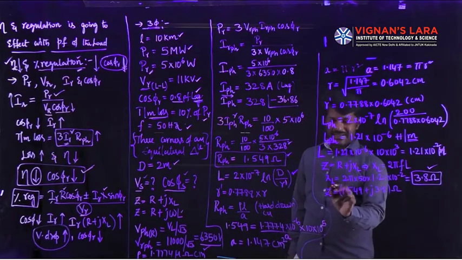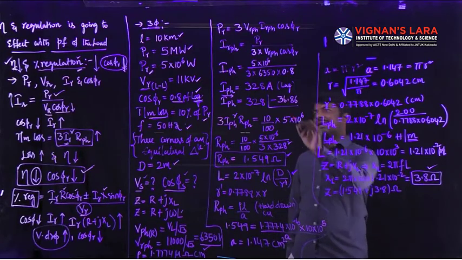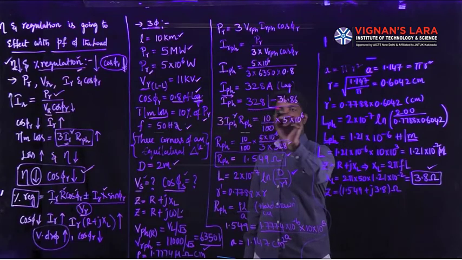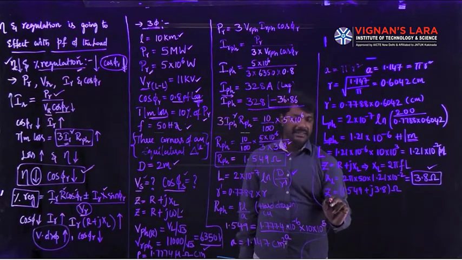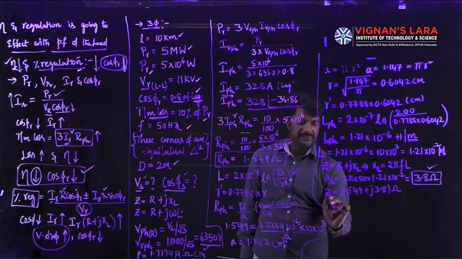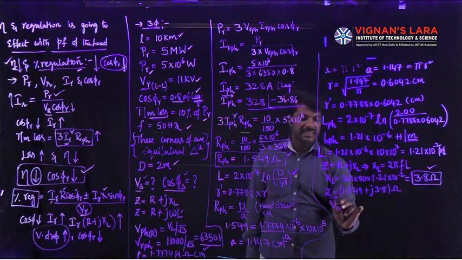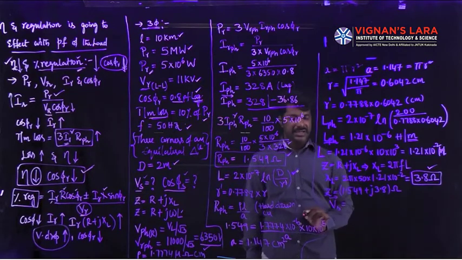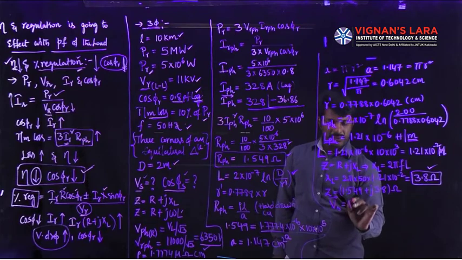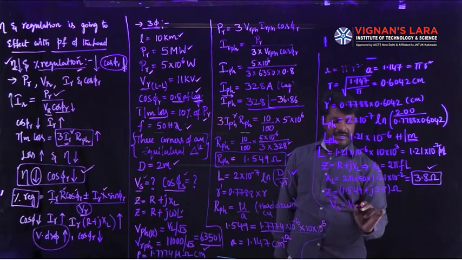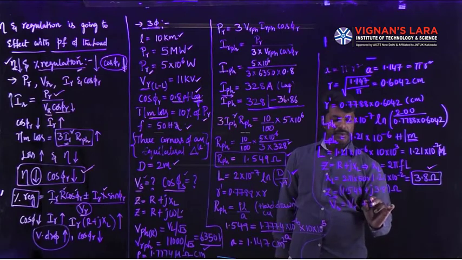Once we get this Z value and the phase current I calculated, we can get the magnitude of Vs. As per the phasor notation, the KVL of this short transmission line is Vs equal to the receiving end voltage Vr plus the drop in the transmission line. What is the ohmic drop?